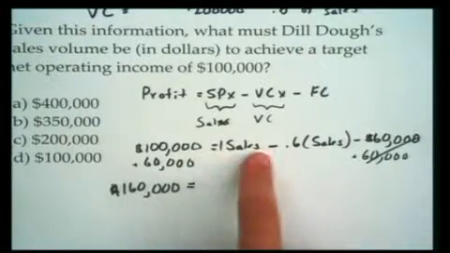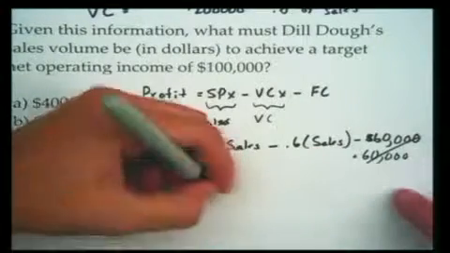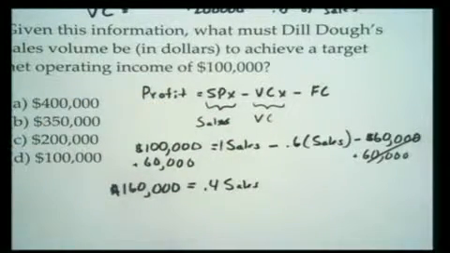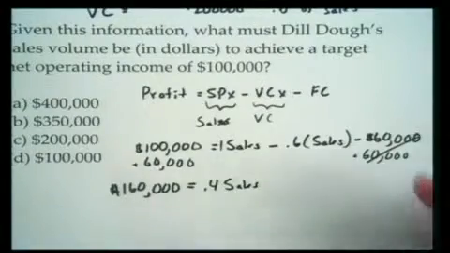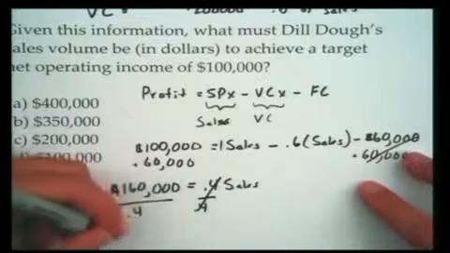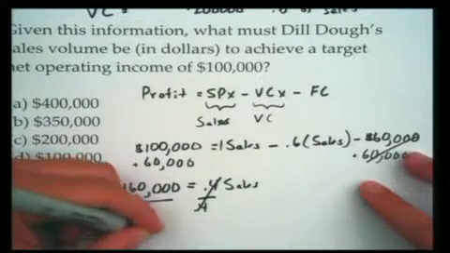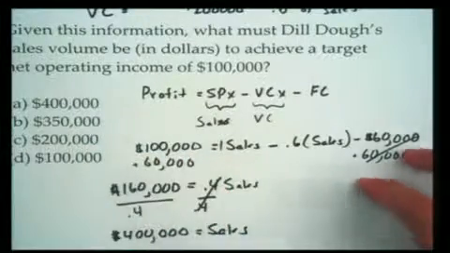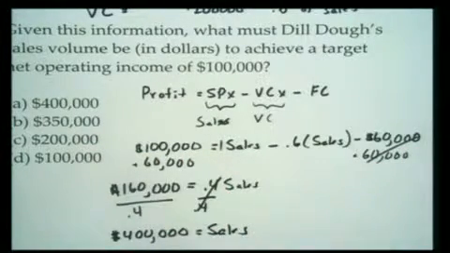Similarly, 1 sales minus 0.6 sales will give you 0.4 times sales. If we divide both sides by 0.4, we get $400,000 for the sales. That's some tricky stuff.